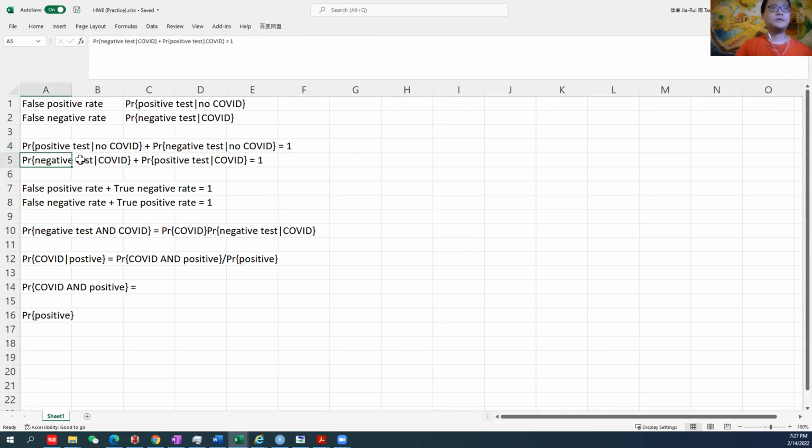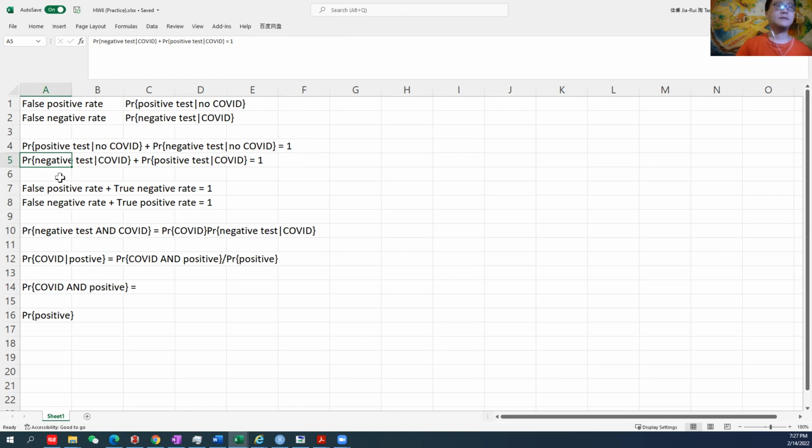Yeah, then we do the same to understand what we get after subtracting the false negative rate out of 1. As we examined earlier, a false negative rate is conditioned on people being actually infected with COVID.